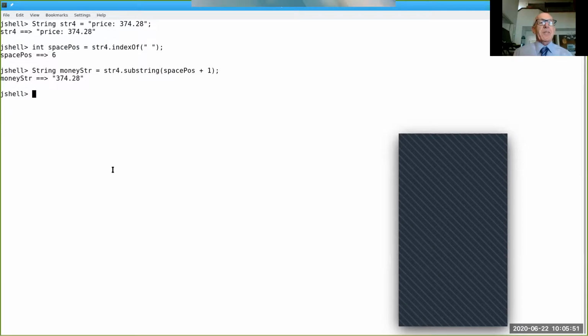Now my money string is 374.28. I need to convert that to a double, and the way I do that is double dot parse double, and that converts the string into a double.